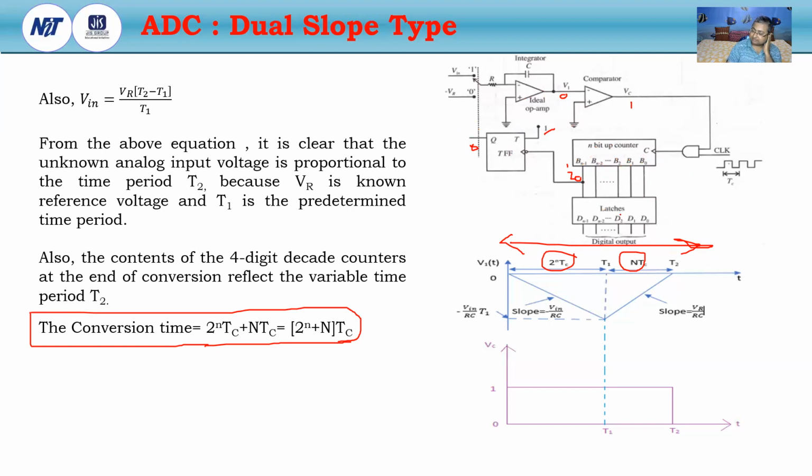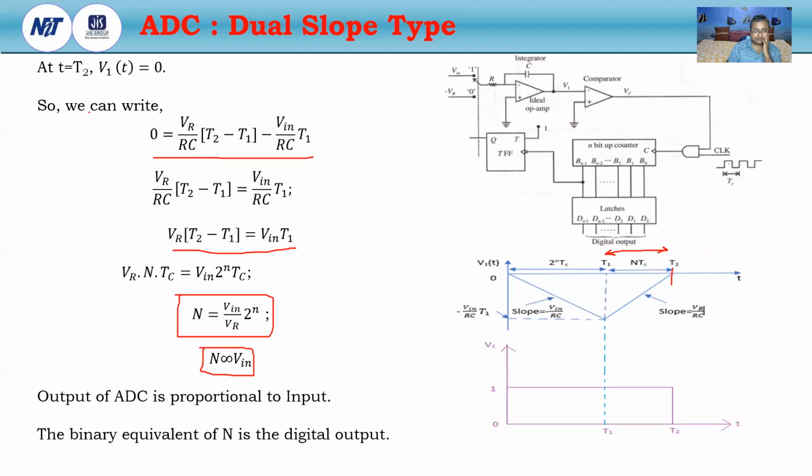So this is the basic principle of the dual slope ADC, and this is the conversion time. This is V in at the time of T2 and T1, and at the time of T2 we will get N equal to the binary digital output, which is directly proportional to V in.